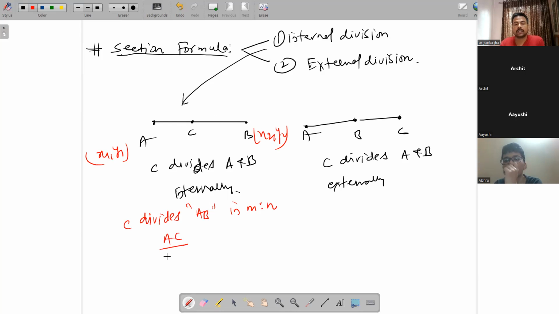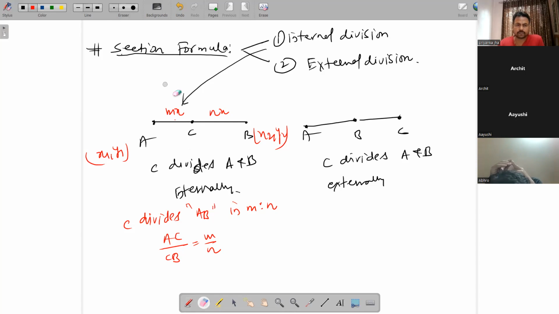Means AC upon CB is m by n. Right? So this will be, you can say mx and this will be nx, or you can simply take m and n. No problem in that because it will cancel out. So I'm just taking m and n.